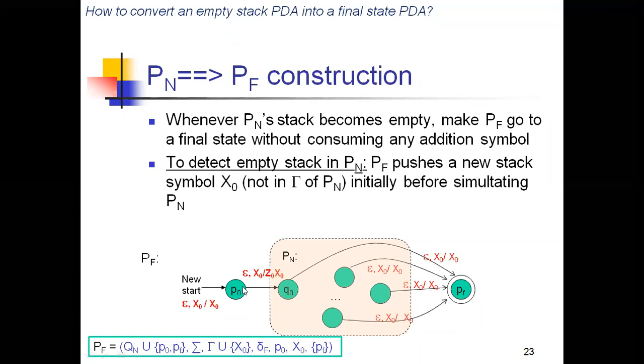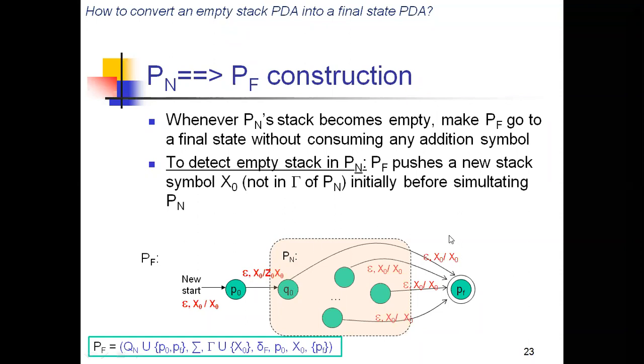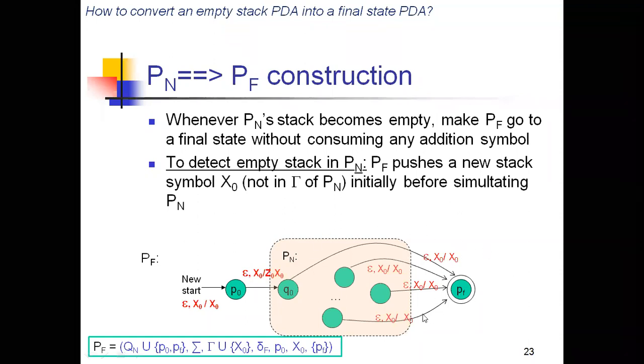Initially start with P naught and then go to Q naught, and then you make some transitions to the Q, that is the final state of the PF. At every transition we are using an input of epsilon with X naught. Why?